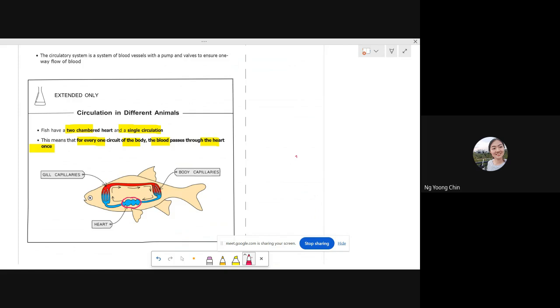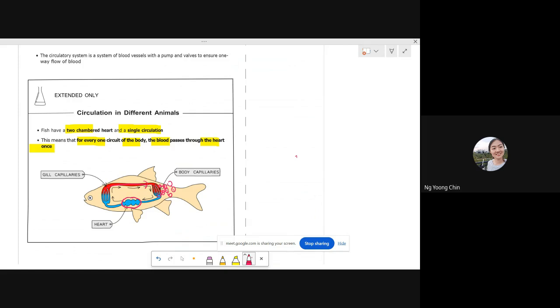So the blood will travel in this way, and then it contacts the body cells. From the gill capillary, the body cells will get oxygen, and then they will release carbon dioxide to the capillary. So once the blood passes through the body cells, it will get the carbon dioxide, right?